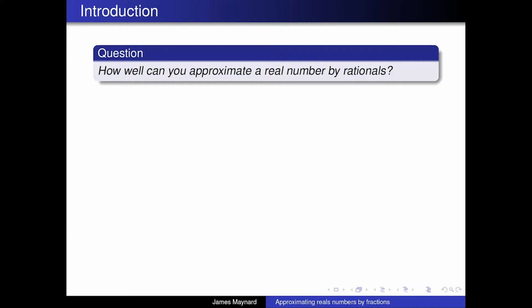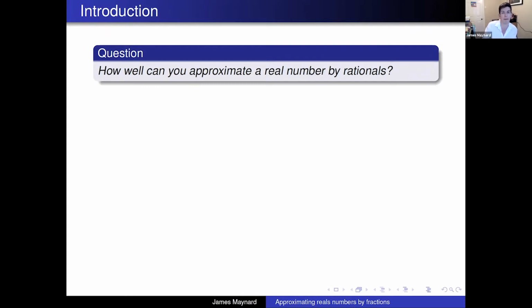This is just the normal decimal expansion. If I'm thinking about denominators which are powers of 10, I can get within 1/100th of a number by considering approximations, all with denominator 100.